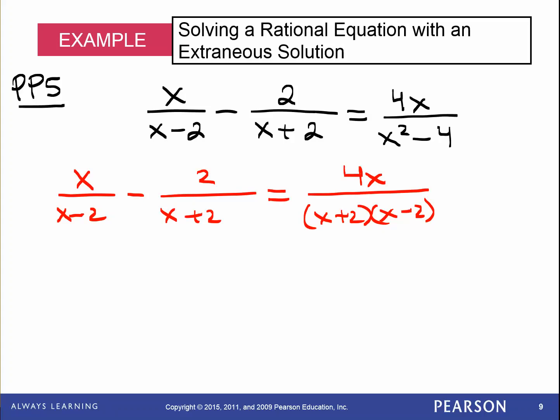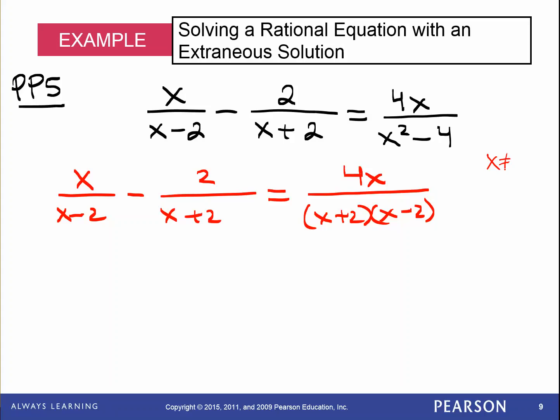All right, so the only factoring that needs to take place is x squared minus 4. I'm going to write my little domain restriction here.